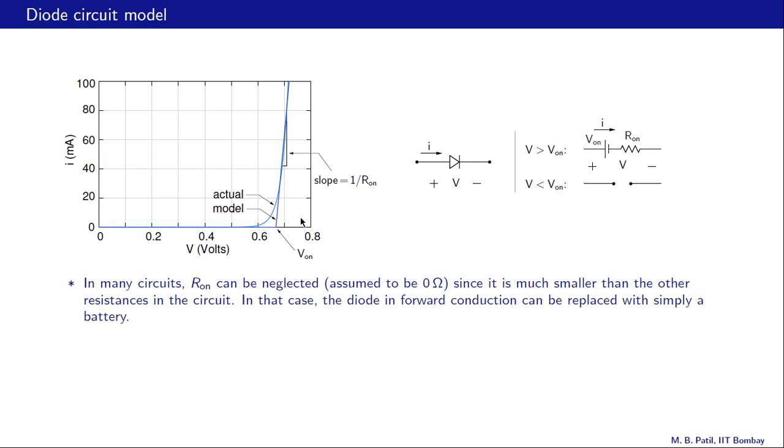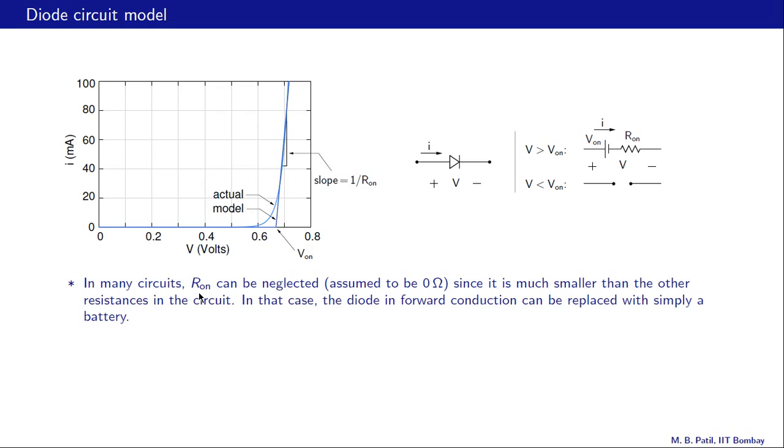And now what we will do is to combine these two pieces into a single equivalent circuit model, and that is given by this combination over here. So this model applies if the applied voltage is greater than V on. It has a battery, so there is a voltage drop of V on here, and then we have in series a resistance which is equal to R on.